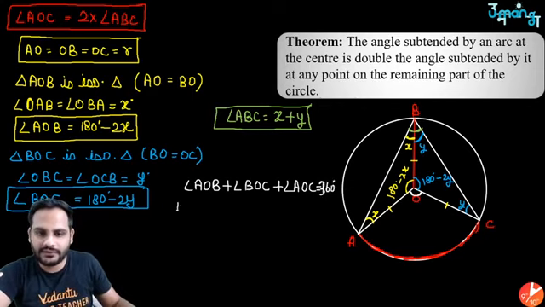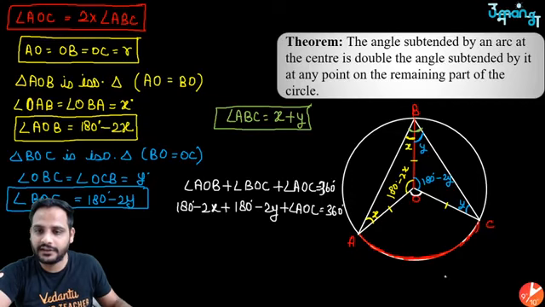Angle AOB is 180 minus 2x, angle BOC is 180 minus 2y, plus angle AOC is equal to 360 degrees. 180 plus 180 is 360, minus 2x minus 2y, plus angle AOC is equal to 360 degrees. 360 and 360 got cancelled.